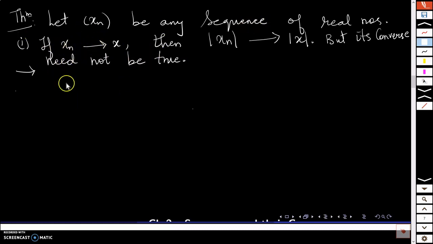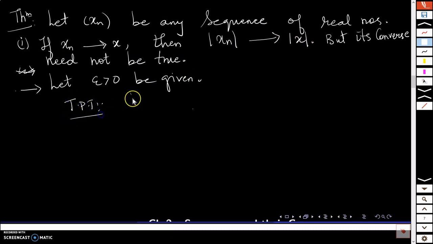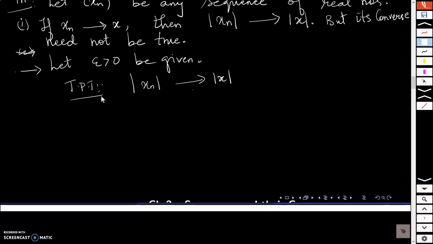So we will assume that xn converges to x. Let epsilon greater than 0 be an arbitrary point given. What do we want to prove? That mod xn converges to mod x. But what is given to me? It is given that xn converges to x.